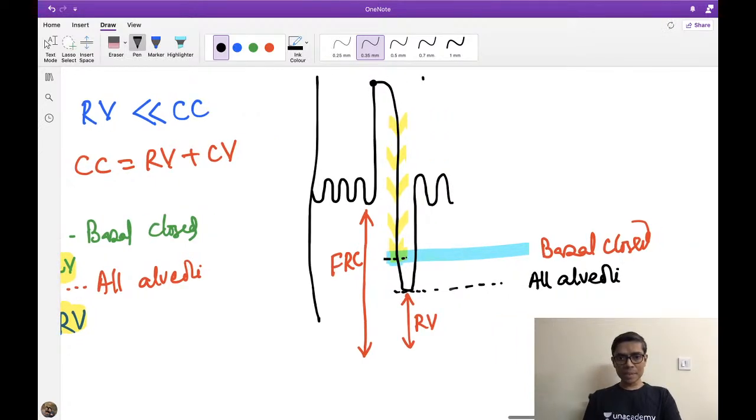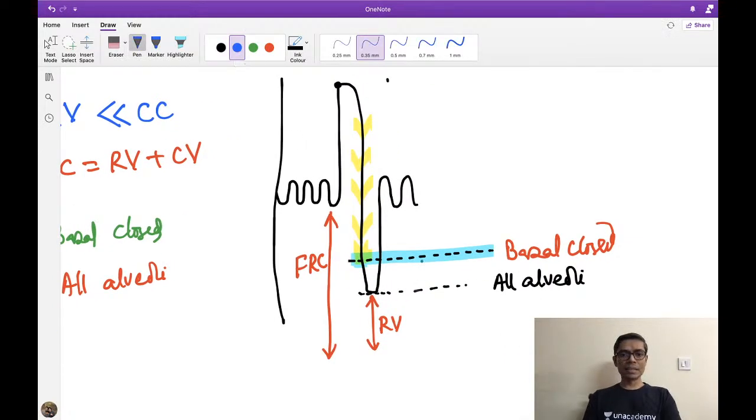So when only the basal alveoli are closed off, the remaining air present in your lung is nothing but your closing capacity.